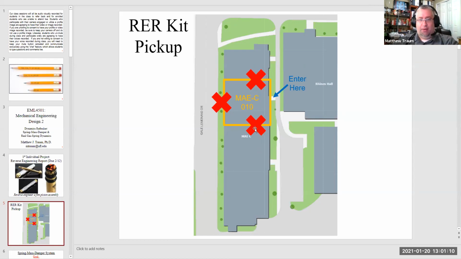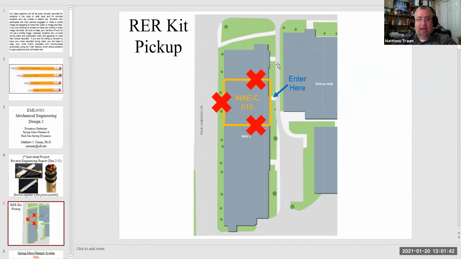You can come in normally from Gale Lemerand from the outside street. Oftentimes you'll see the Gator Motorsports team sitting out in the same spot. There's a door that gets into the design lab from right where they usually work, and that door is also closed and locked. So there's only one way in, which is the entrance facing Ryan's Hall.